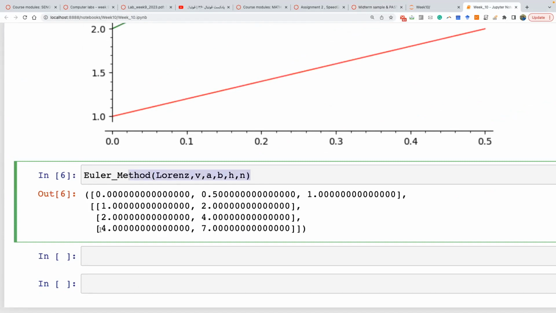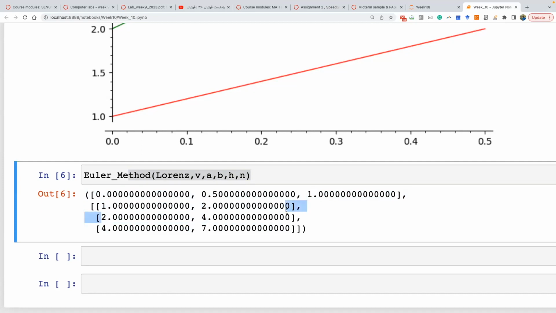So the Lorentz system, and I can find this guy. Okay, so the first list is about x0, x1, x2, and it gives me three lists of y, y and y prime, or z1, z2.